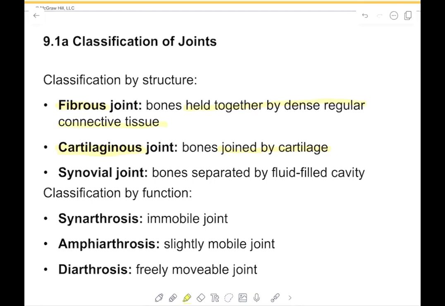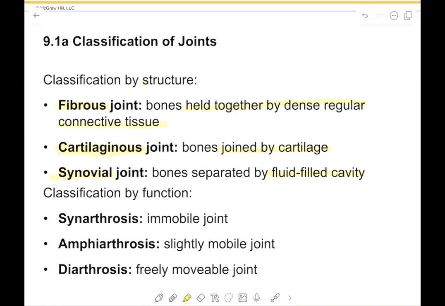Then a synovial joint actually has a space called a synovial space between the bones. Those bones are separated by a fluid-filled cavity. These are super common, especially in the appendicular skeleton. The knee joint would be one example of that.